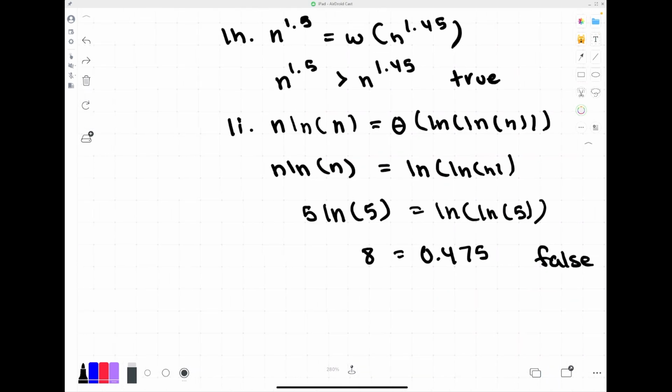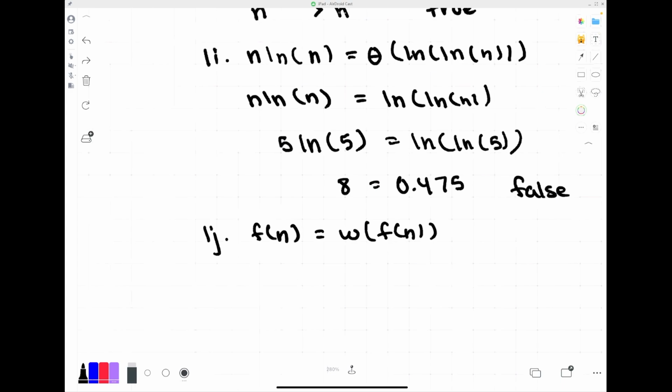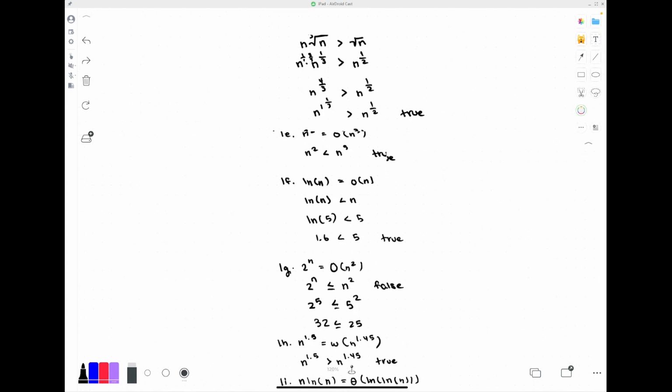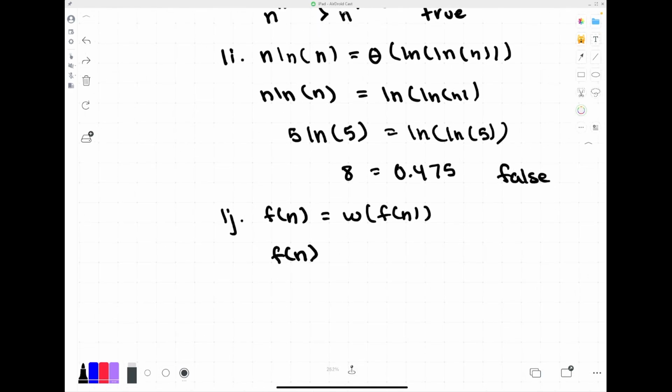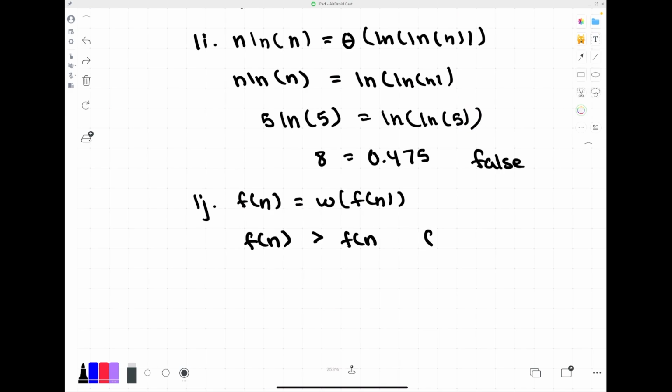Okay, then we can do 1j: f of n is equal to little omega f of n for any function f of n. So little omega is greater than, so is f of n greater than f of n? This is just not logical, so it's automatically false, because if you were to just plug in a number, like, can 1 be less than 1 or greater than 1?